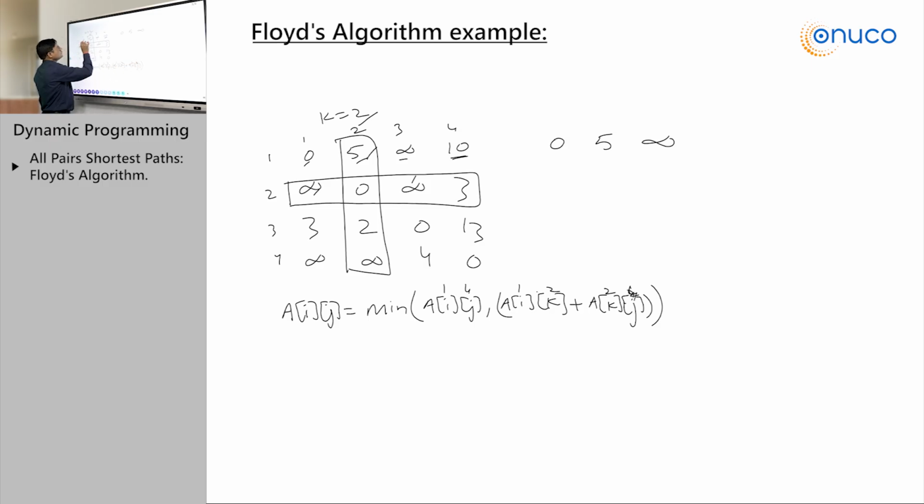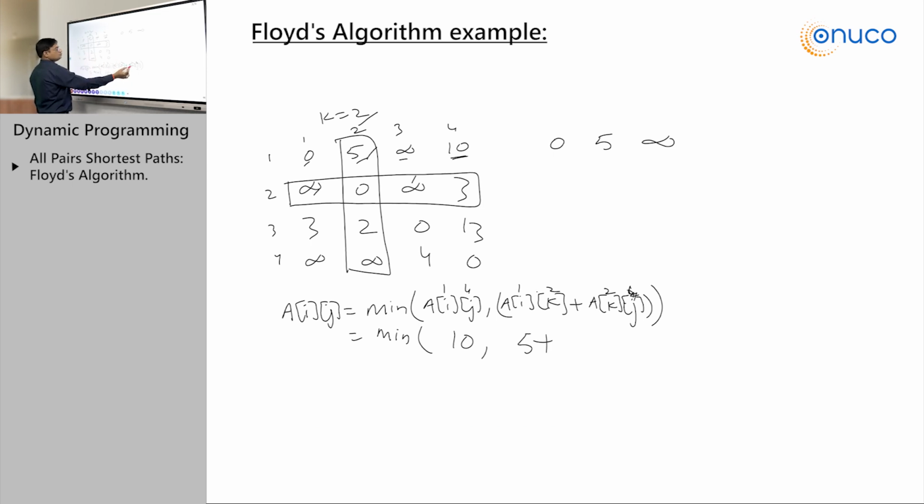So 1 4 original value was 10. So you are writing min of A of 1 4 is 10, comma A of Ik, A of 1, 2. What is the value of 1, 2? 1, 2 is 5. Kj.